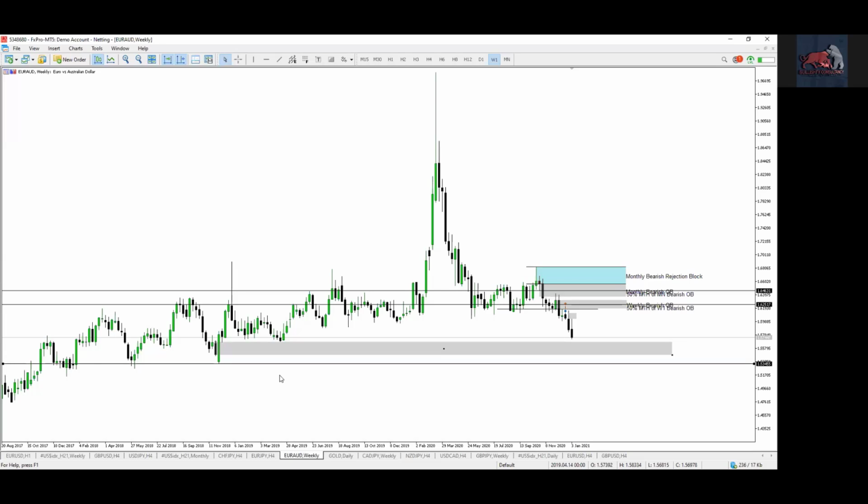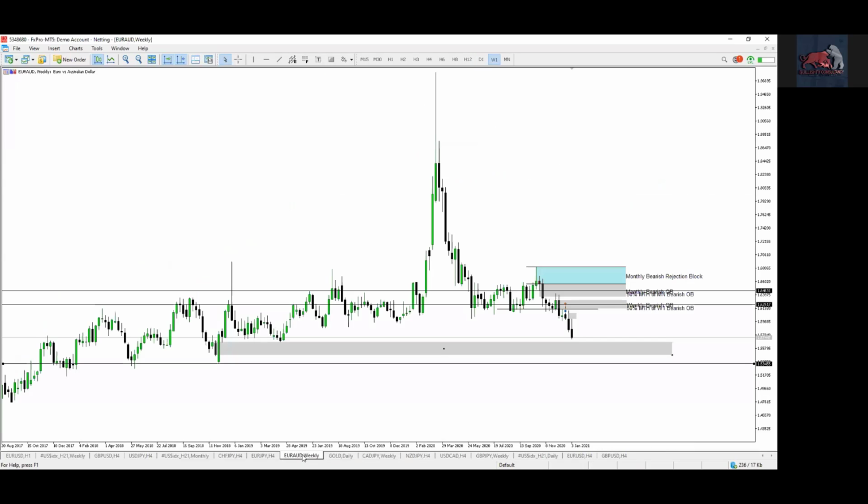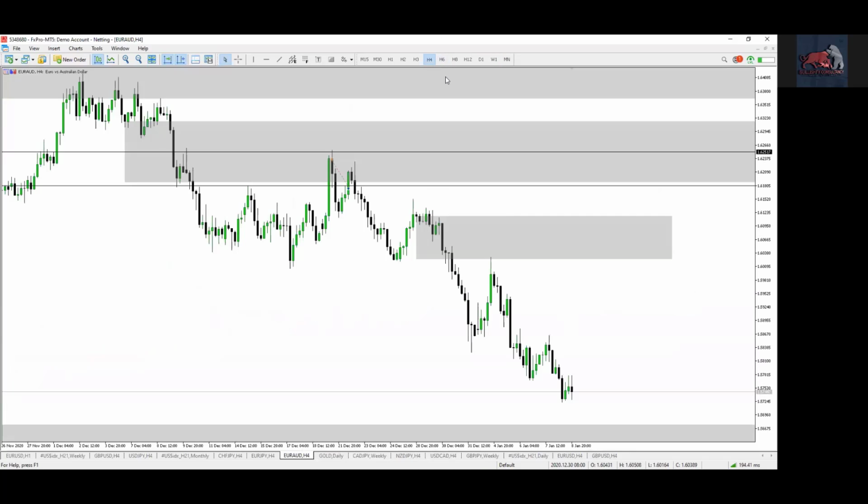You need to see gold also strong bearish for you to be trading higher on Euro AUD. Because remember, Aussie dollar and gold, they are related. Aussie prices, they are more linked to gold price movement.